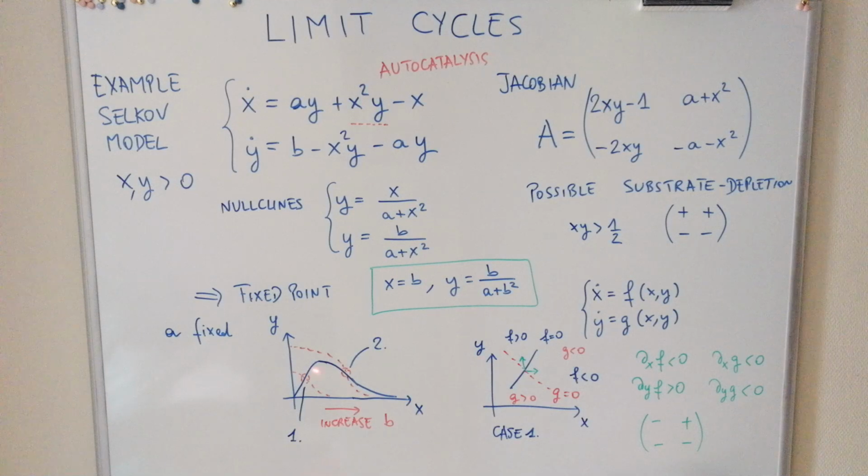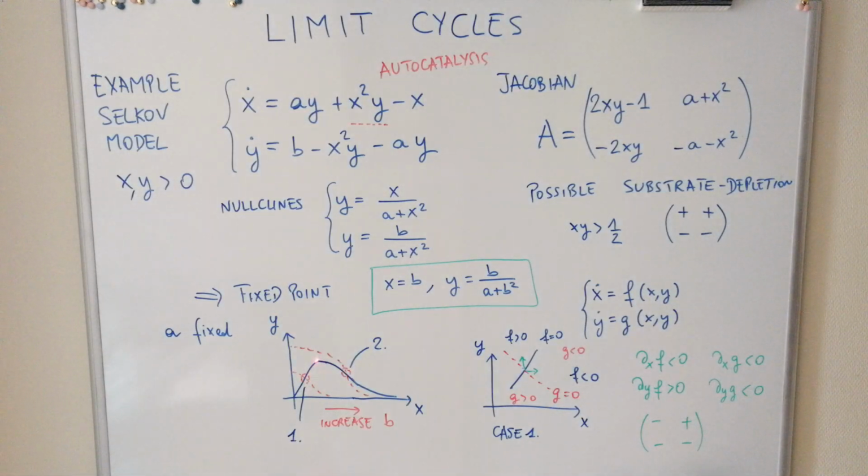Let's consider this and call it case 1. As b grows and increases, this intercept is also increasing. This intercept is proportional to b, so it's increasing, and now the intersection is further out at larger x. This intersection takes place at the point x equal to b.